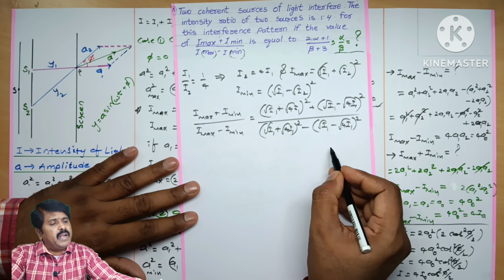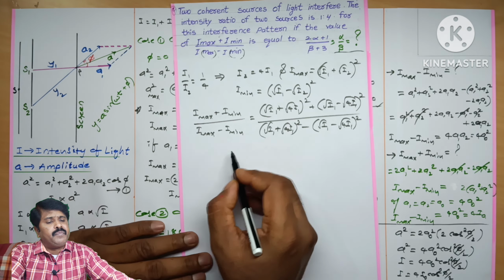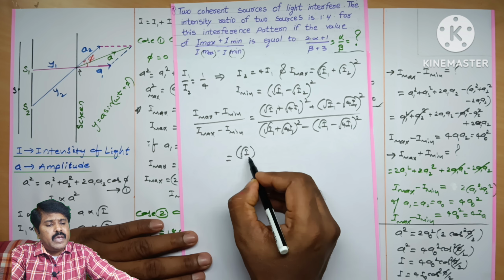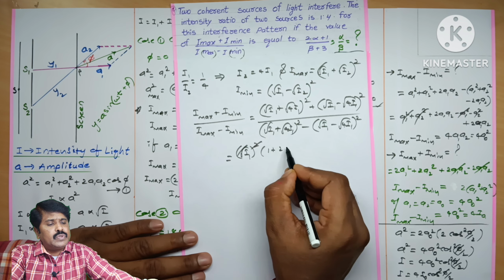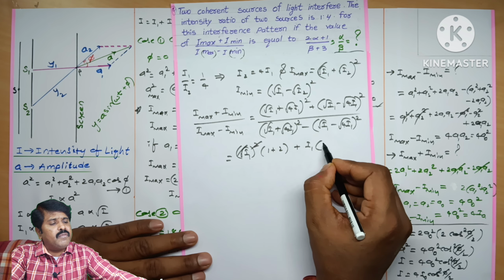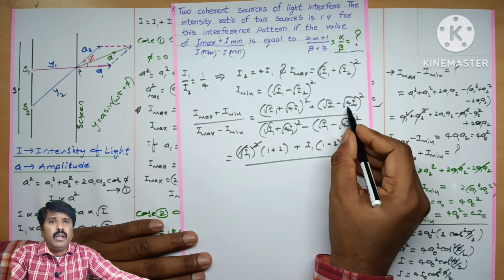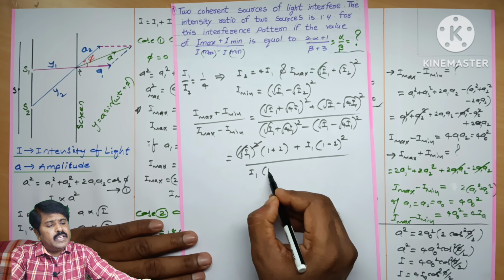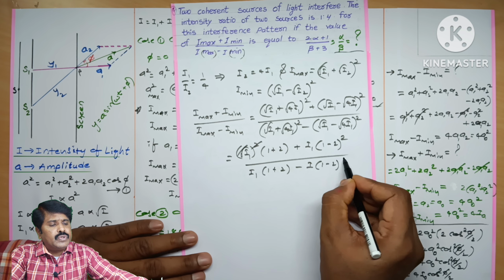Student is replacing the values and continuing the derivation, which is equal to I1 is common, the square root of I1 gets cancelled, so that is (1 plus 2) whole square, plus here also the square root of I1 gets cancelled, that is (1 minus 2) whole square, divided by, here root 4 is equal to 2. Then I1 is common, that is (1 plus 2) whole square minus (1 minus 2) whole square.